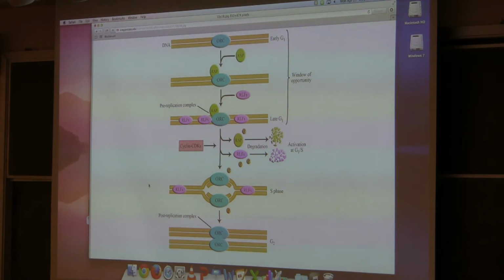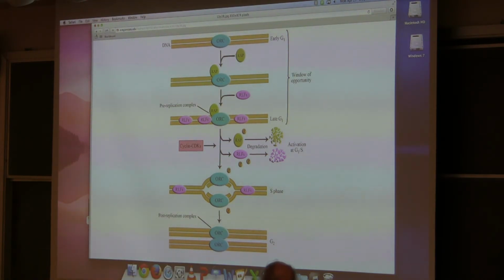The basic setup is the same, but there's one place where there's a very important difference. And that is when we get to the ends of the linear DNAs. At the ends of eukaryotic chromosomes, there's something that's really interesting. Now, first of all, I'm going to tell you the problem, and then I'm going to tell you what's interesting. Here's the problem.